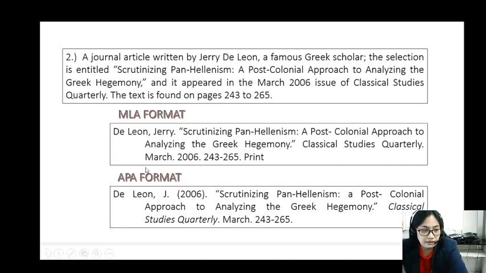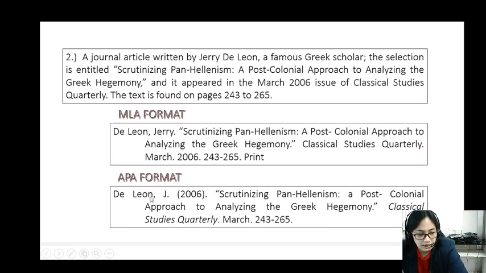Again, for MLA format, just follow the order in which it is written. The indentation is very important. Every time you need to put it on the next line, you have to indent it. It is the same in APA format.